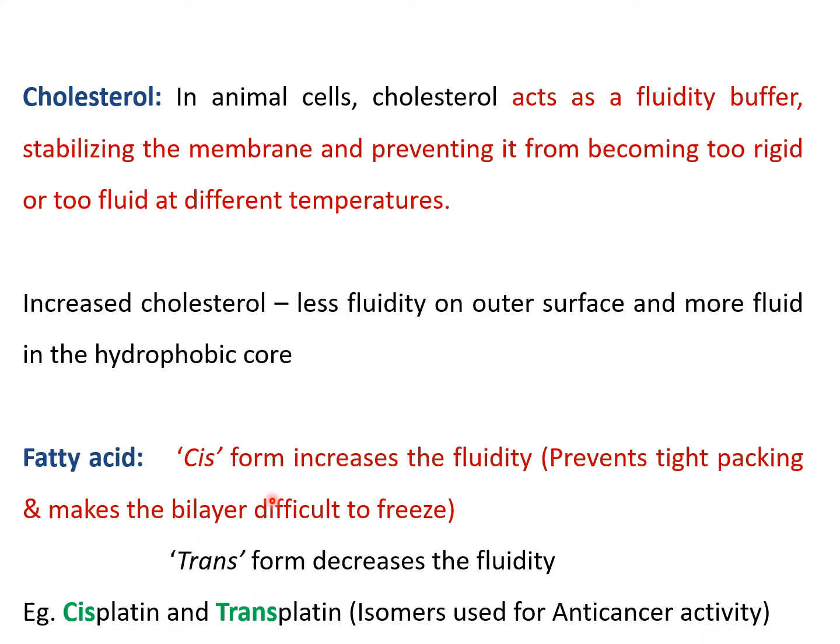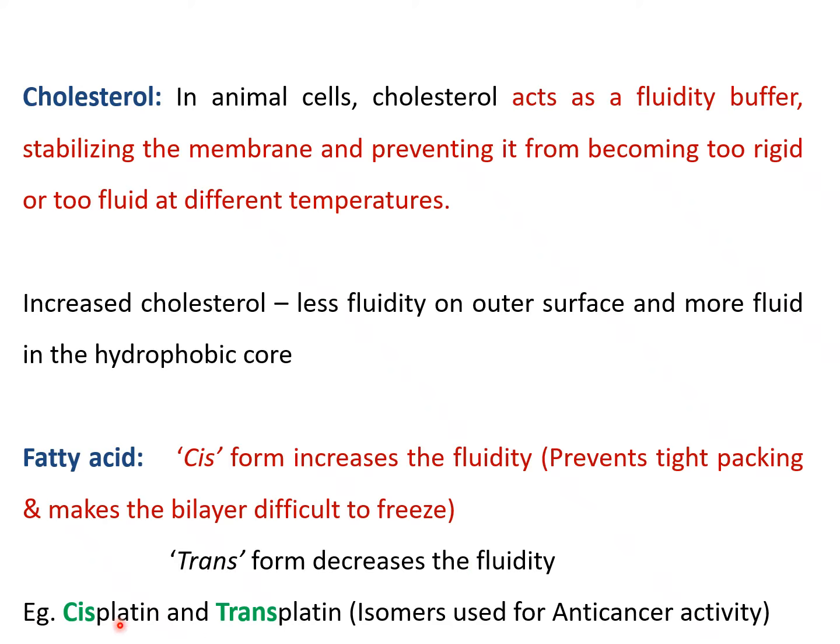Here I want to impress an important thing. Isomers, cis form and trans form, as we have read in chemistry. What is it going to do in our body? The cis form increases the fluidity, prevents tight packing and makes the bilayer difficult to freeze, whereas the trans form decreases the fluidity. For example, I want to give cisplatin and transplatin.